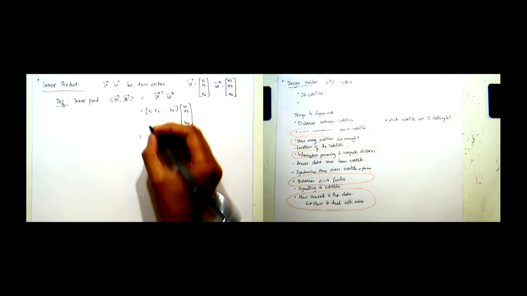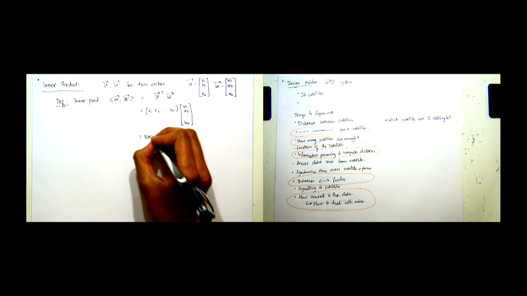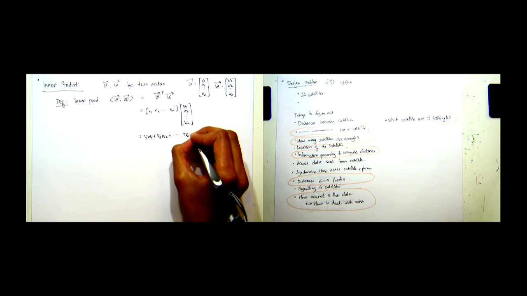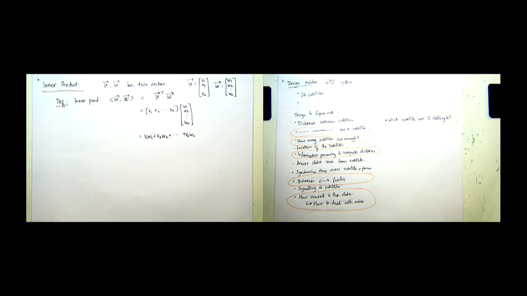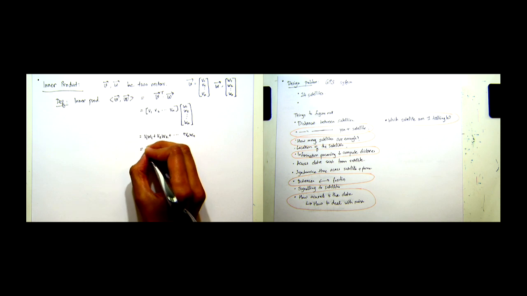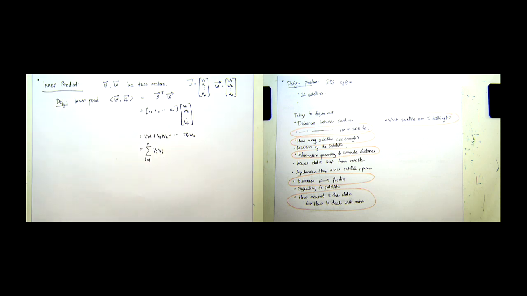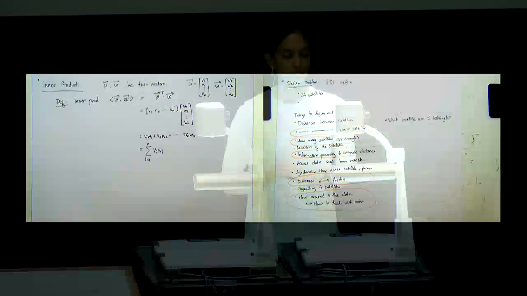And what is that going to be? It's going to be V1 W1 plus V2 W2 plus up to Vn Wn. Or I can write this using sigma notation as the sum over i from 1 to n of Vi Wi. Any questions about this definition?